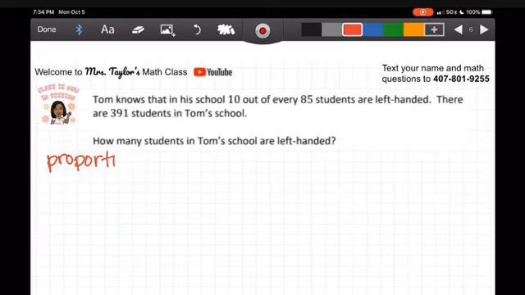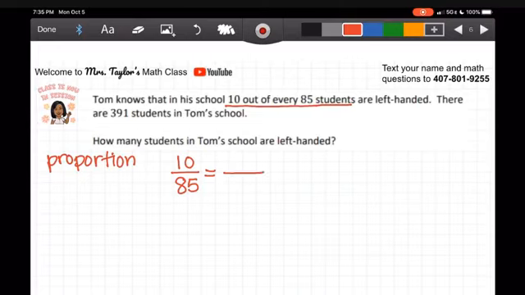Proportion. So we've got to set up a proportion. And a proportion is a comparison of 2 ratios. So I've got to set up one ratio. My first ratio is going to be 10 out of every 85 students, so I'm going to say 10 over 85. And then I'm going to set that equal to my other ratio, which is, there are 391 students in Tom's school.